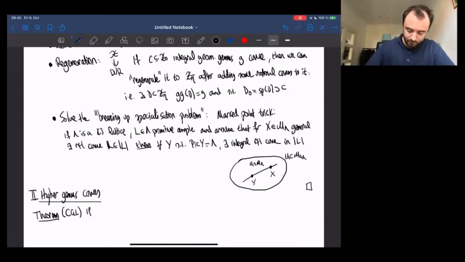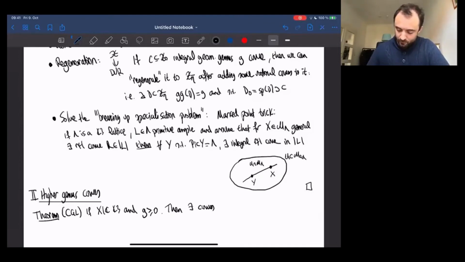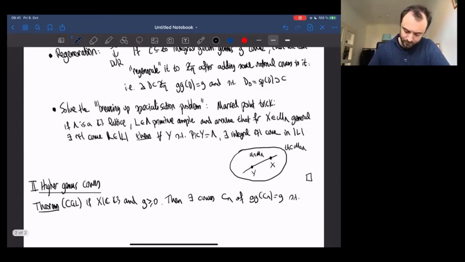That if X over C is a K3 and g is some non-negative integer, then there exist curves Cn, where the geometric genus of Cn is equal to the g that we fixed, such that the intersection number, as n goes to infinity, of Cn with some fixed ample H is equal to infinity.